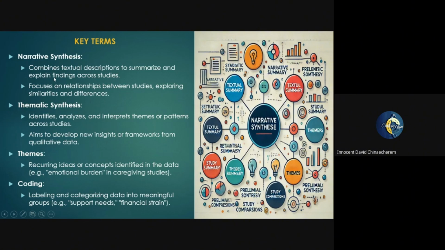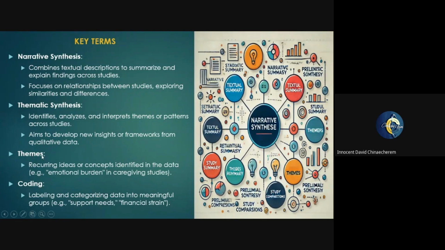Most times you can have a quantitative study and a qualitative study together, and you want to combine both of them. That can happen in narrative synthesis, but in thematic synthesis, they must all be qualitative studies where you want to interpret those themes or patterns across them.